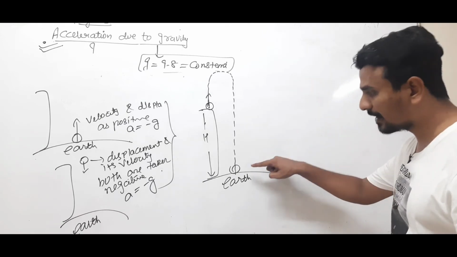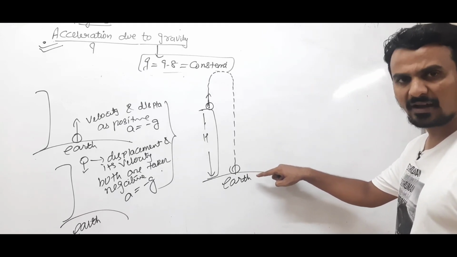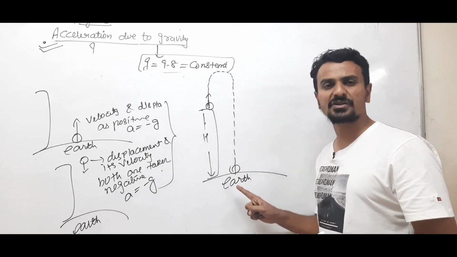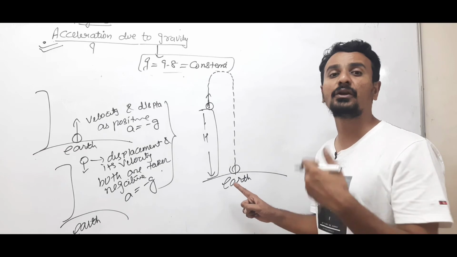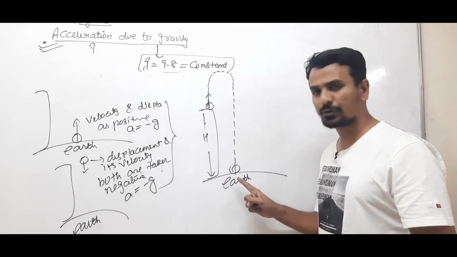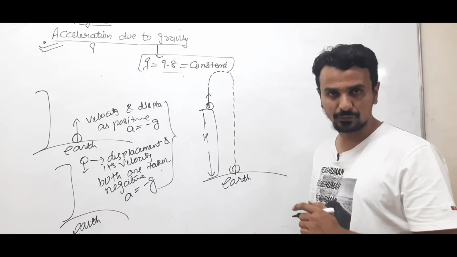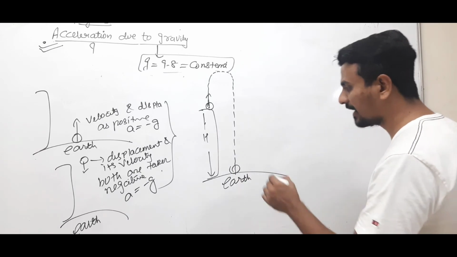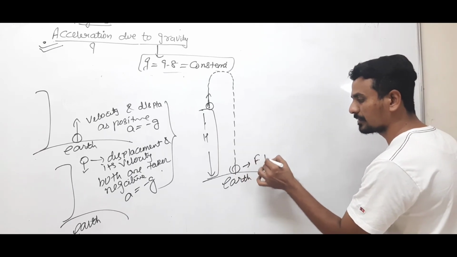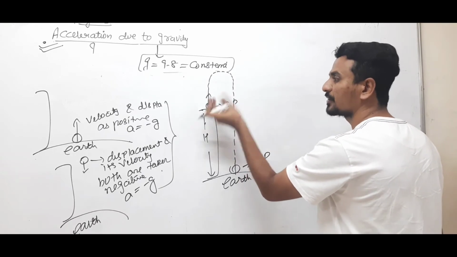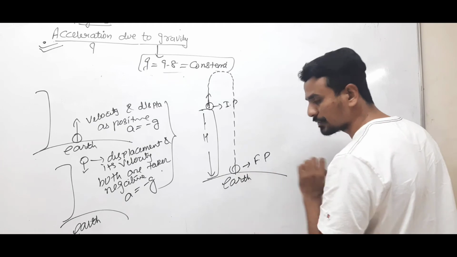Then look at the final position. Look at the final position of the object. If the final position of the object lies below the initial position, take displacement to be negative. Right? That means in our case, this is the final position and this is the initial position. From this position you are throwing the object and it reaches over here.